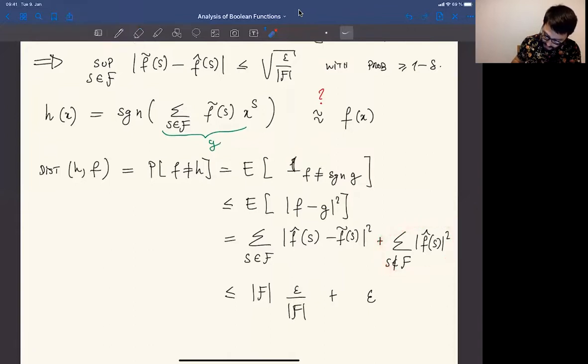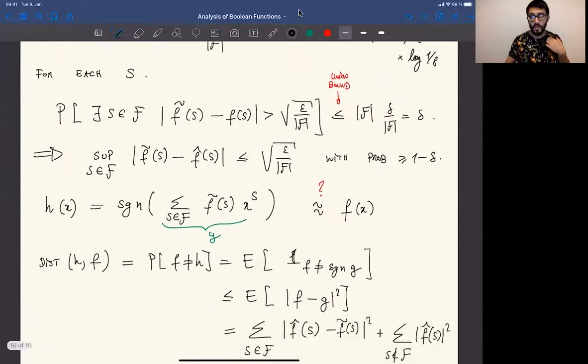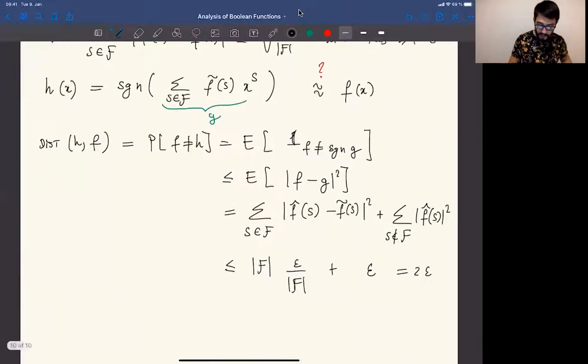So by assumption, this thing was less or equal than epsilon. So this thing was 2 epsilon, okay? So I have to maybe put a 2 here in the statement of the theorem. And so this holds with probability greater or equal than 1 minus delta.